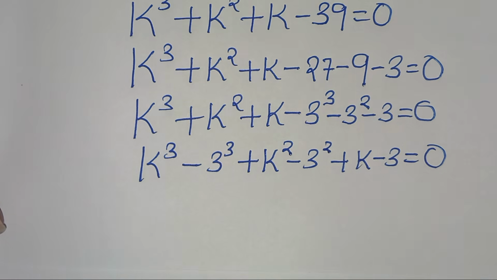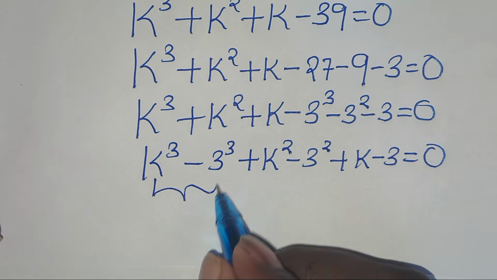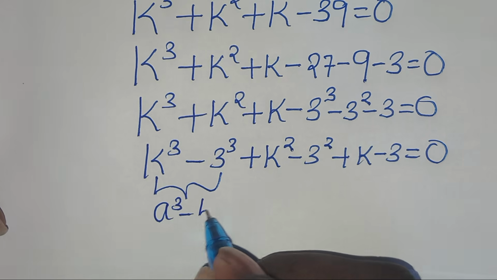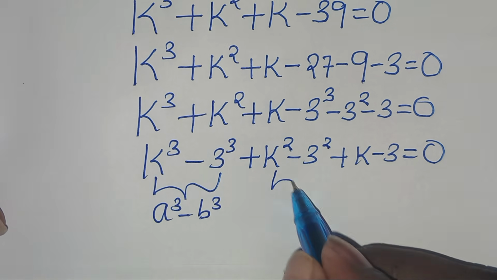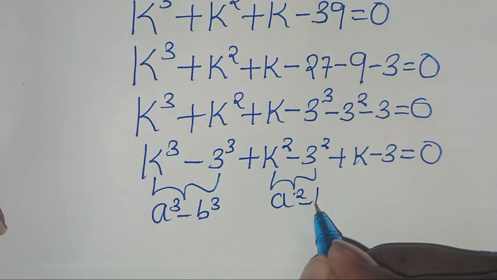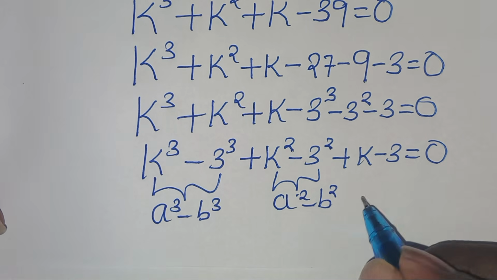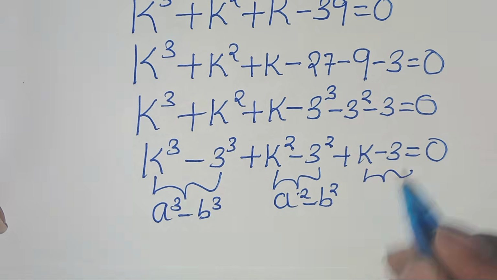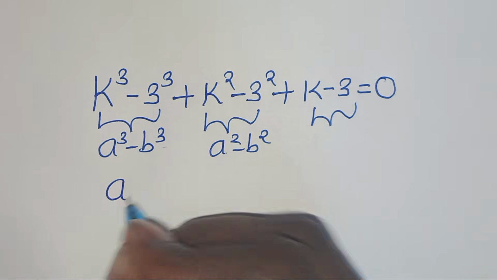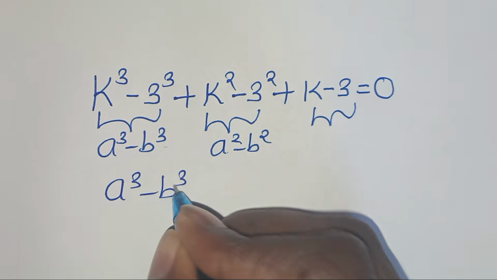Now we have got 3 parts here. The first part here is the difference of 2 cubes, which is a to the power of 3 minus b to the power of 3. The second part here is the difference of 2 perfect squares expressed as a squared minus b squared. Then now we have the third part here. Now this is the difference of 2 cubes expressed as a to the power of 3 minus b to the power of 3.